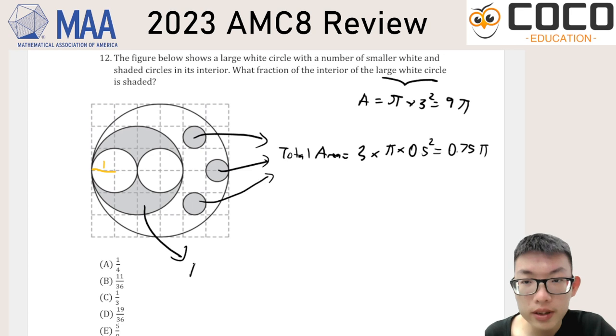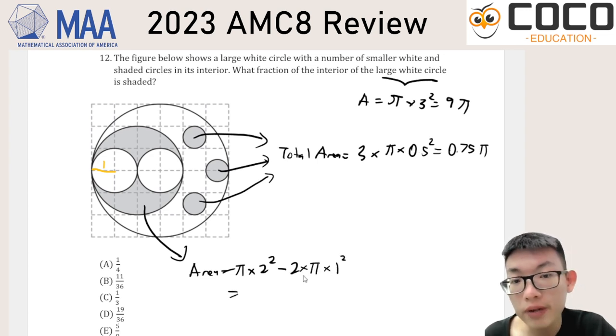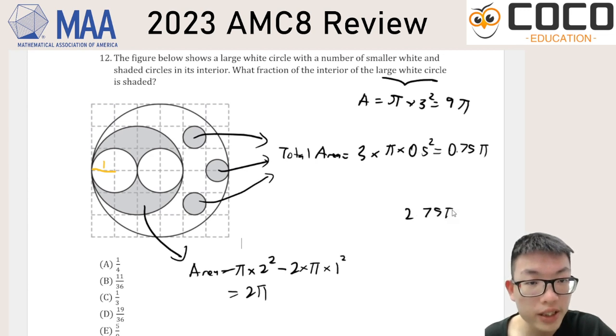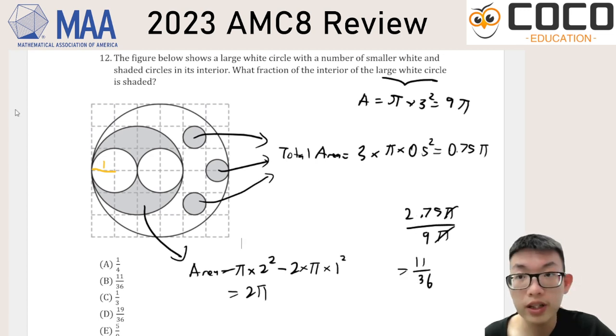This one is pi times 2 squared minus 2 of these circles, which is pi times 1 squared. So 4 pi minus 2 pi is 2 pi. And so therefore, what fraction is shaded would be 2.75 pi divided by 9 pi. Cancel off the pi, multiply by 4 at the top and bottom, and I get 11/36.